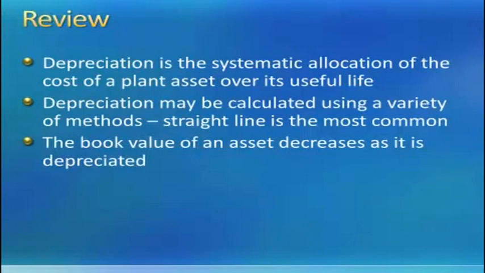Book value is simply the cost minus the amount that has been allocated to expense since the asset was purchased. Book value and market value are separate concepts, and the goal is not to make book value equal to market value. That concludes our module on depreciation.